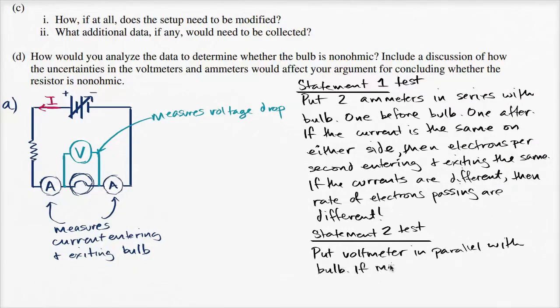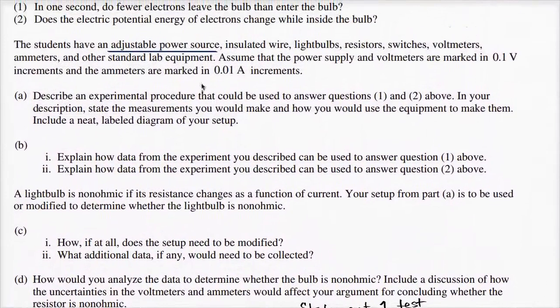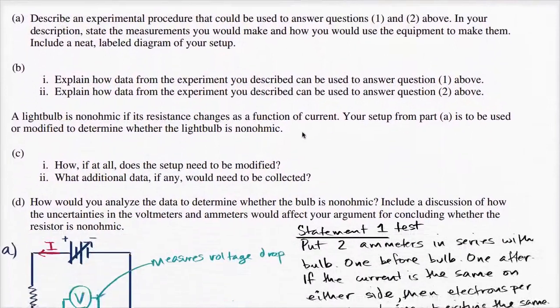If it measures a voltage drop, or I could say if and only if it measures a voltage drop, then, how do they actually phrase the statement? Does the electric potential energy of electrons change?